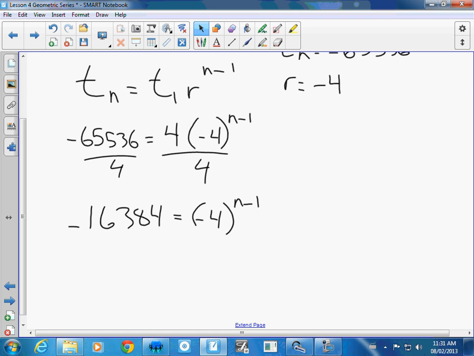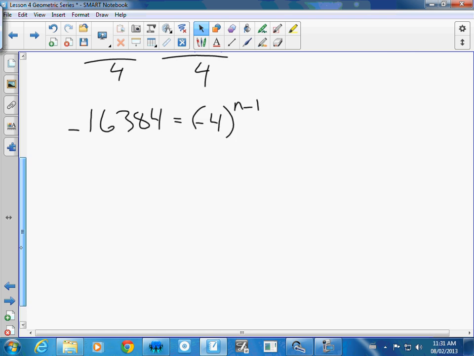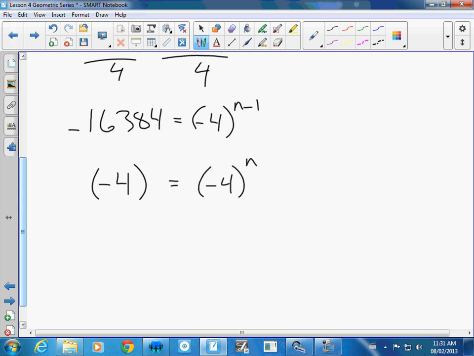So somehow we have to take this negative 16,384 and turn it into a base of negative 4. I want to know what number I could put up there that would turn that negative 16,384 into a base of 4. So how do you do this?